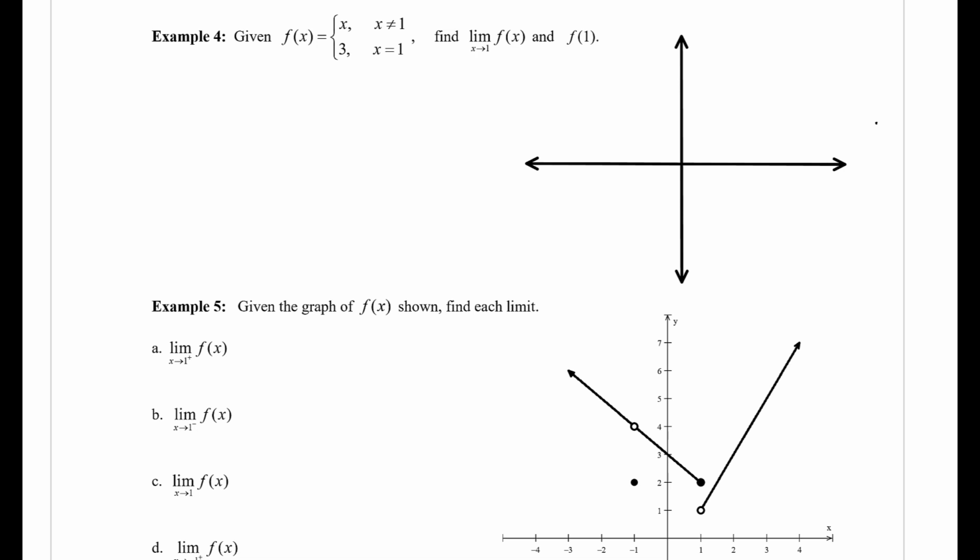It's going to look like y equals x almost everywhere, except at x equal to 1. So on the x-axis, I'm going to draw tick marks from 0 to 4 by a scale of 1. And then on the left-hand side of the x-axis, I'm going to draw tick marks from 0 to -4 by a scale of 1.